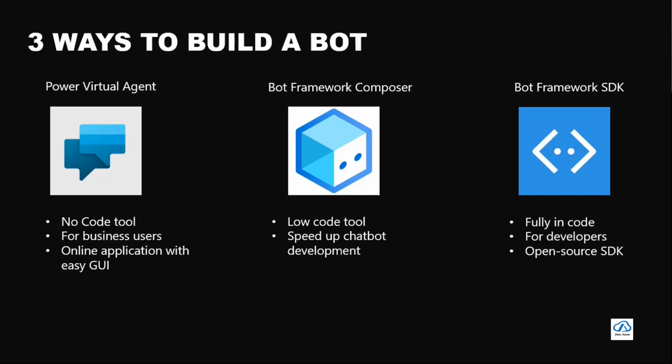One, you can use something called Power Virtual Agents. This is a no-code tool meant primarily for business users who are not going to deal with code. It's an online application with a very simple graphical user interface. You can drag, drop, and create. This is an absolutely no-code tool.